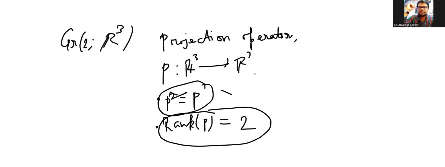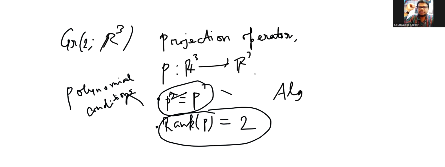So all of them can be described using polynomial equations. That is how you can define some algebraic variety structure on the space Gr(2, R^3). That is just some rough idea, not being very rigorous. So yeah, I think that's all I wanted to talk about.